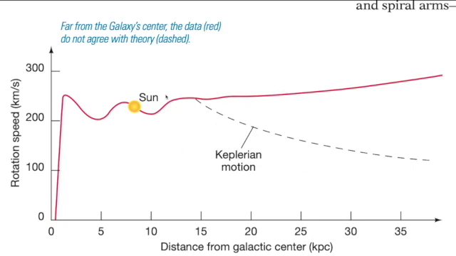A point near the center and a point on the edge of the disk should move at different speeds, but in reality we observe that they both move with the same pace, and the velocity does not decrease but instead stays high while going outward. So this is the evidence for the existence of dark matter.